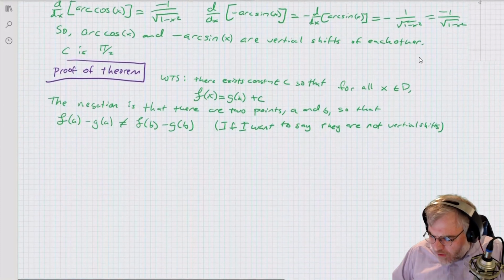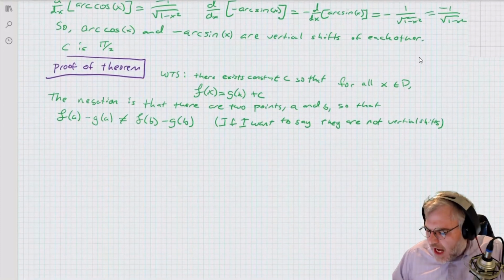That's actually the hardest part of this proof, is figuring out what to assume otherwise.